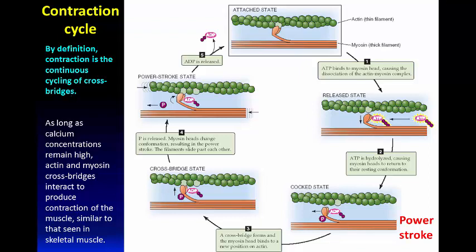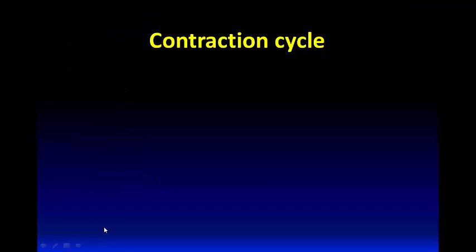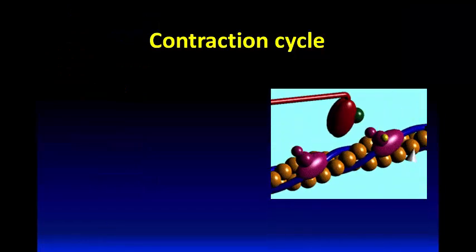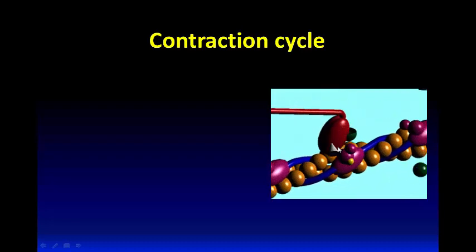And as long as calcium concentrations remain high, actin and myosin cross bridges interact to produce contraction of the sarcomeres, and this contraction is similar to the contraction of the sarcomeres which we see in skeletal muscle fibers. This is a nice animation which shows the contraction cycle.